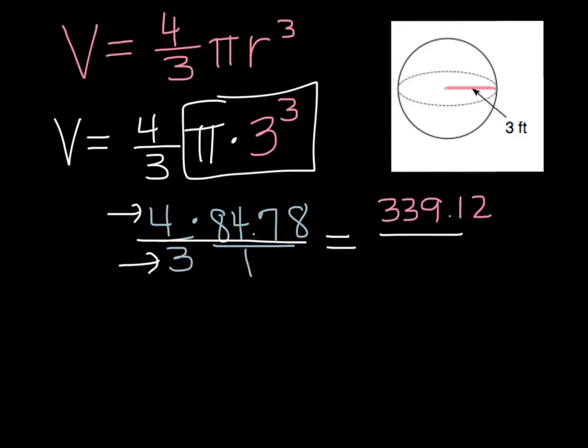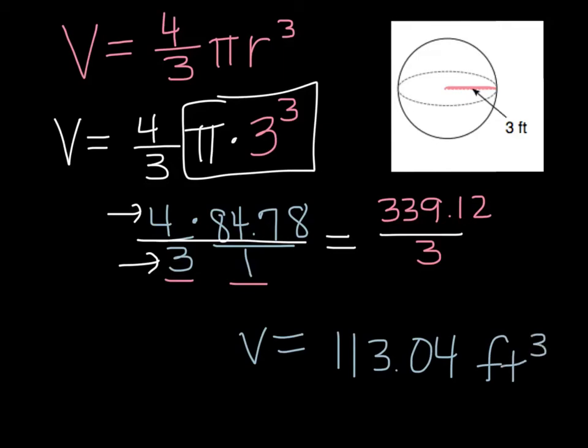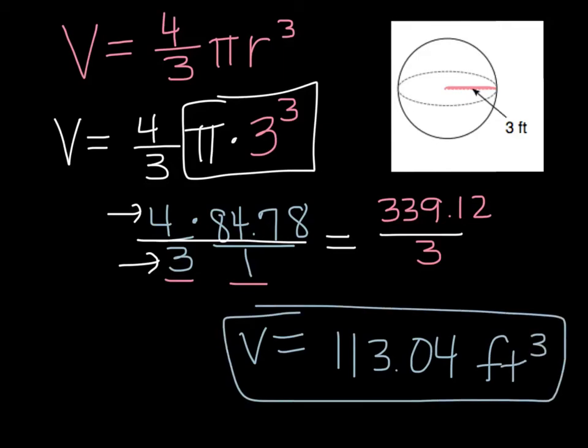Then on the bottom, I'm going to do 3 times 1, which is 3. And then my final step is to divide this out. 339.12 divided by 3. So my volume for this sphere is 113.04 feet cubed.